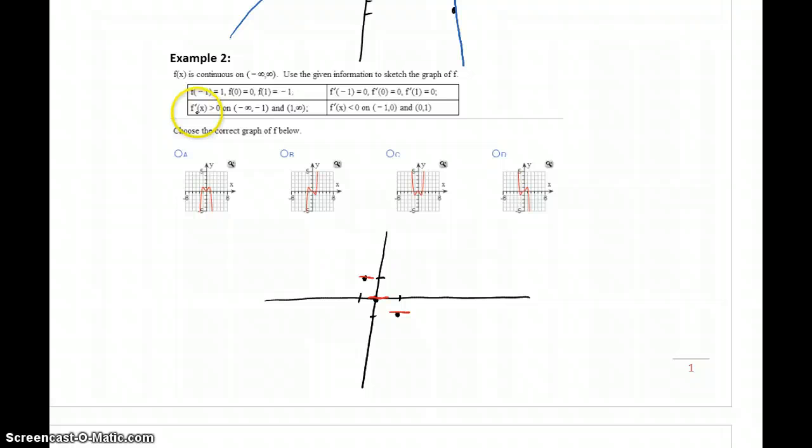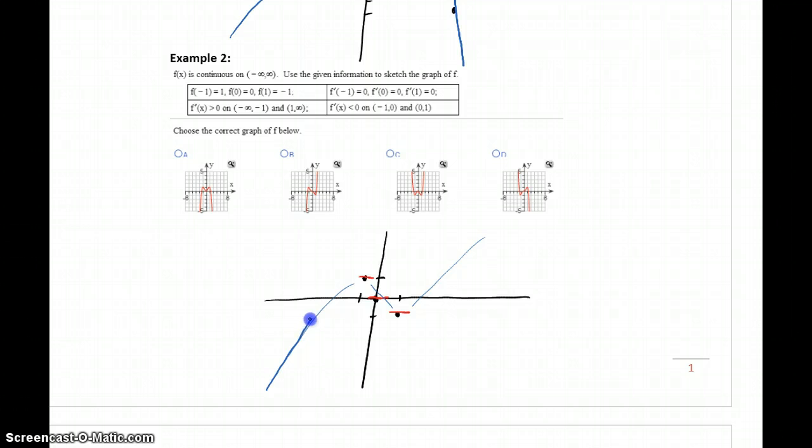We know that our function is increasing from -infinity to -1 and from 1 to infinity. And between -1 and 0, and then from 0 to 1, it should be decreasing. So just getting that general shape, and then we want to connect these in a way that makes sense.